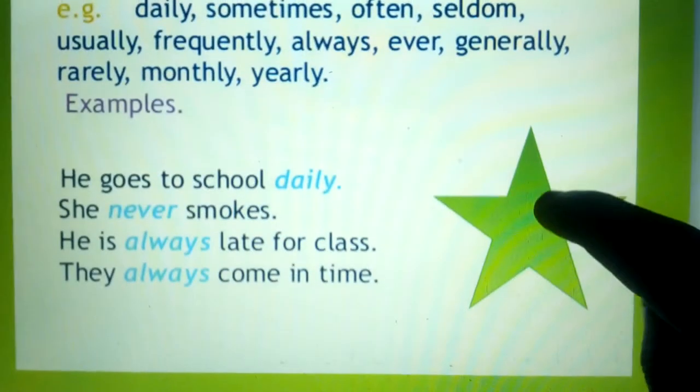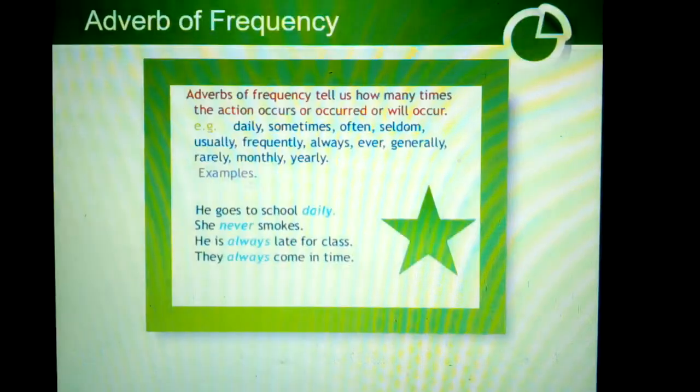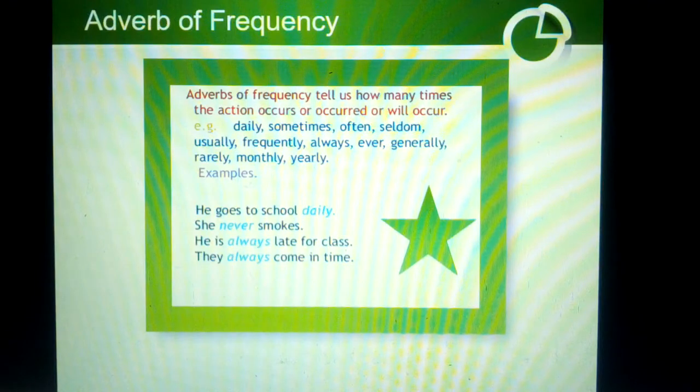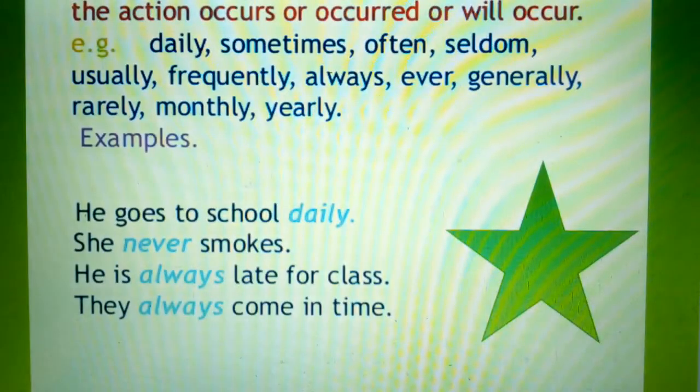And the examples are she goes to school daily. She never smokes. Next example is he is always late for class. And the last example is they always come in time.